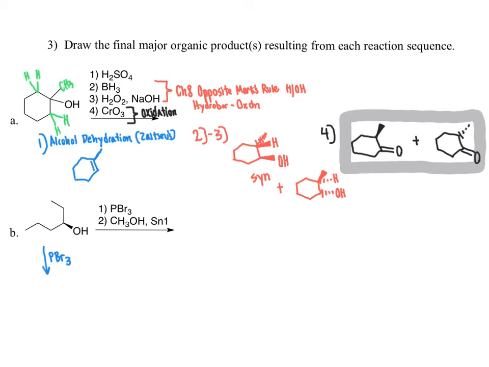And as a result, what's going to happen in this SN2-like process is that the bromine is going to replace the hydroxy group. And generally, this is going to proceed with inversion of configuration.